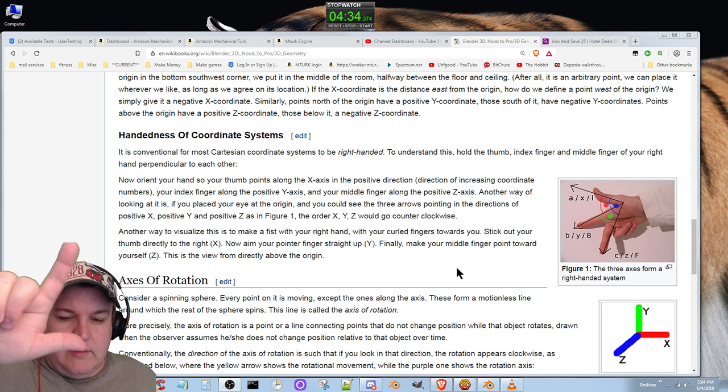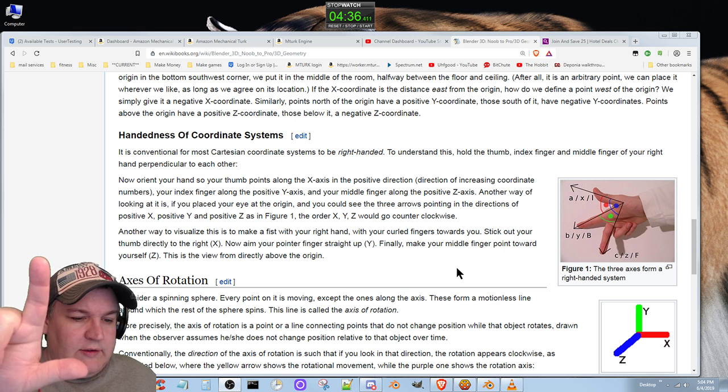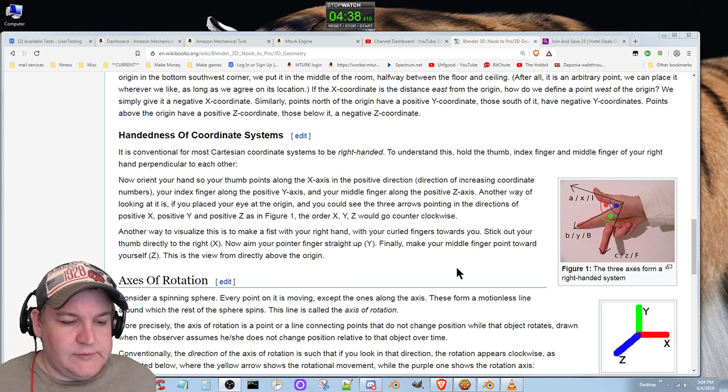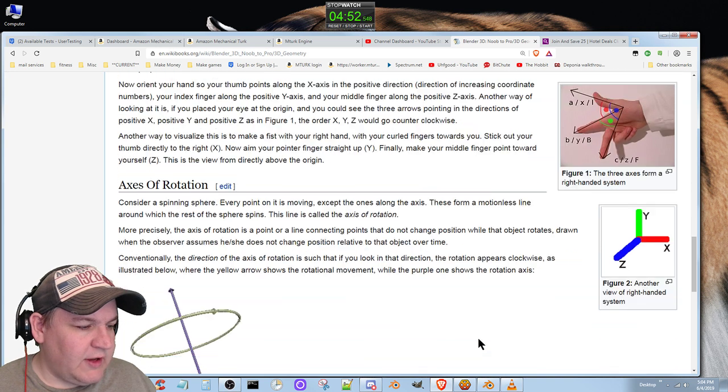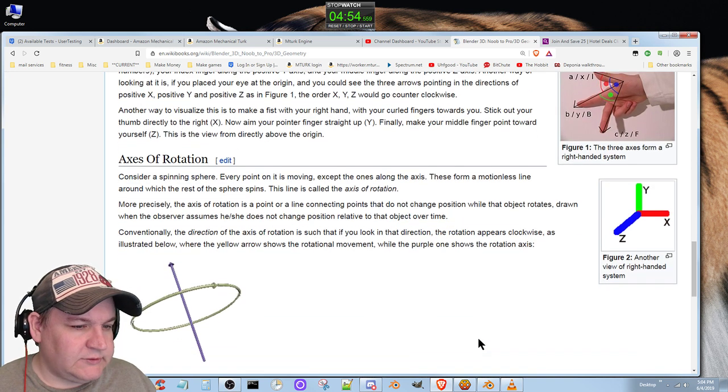So if Y is up and down, this still shows me that this is depth. See, this is Y, of course, positive going up, and X positive going right, and Z, axes of rotation. Another view of the right-handed system.